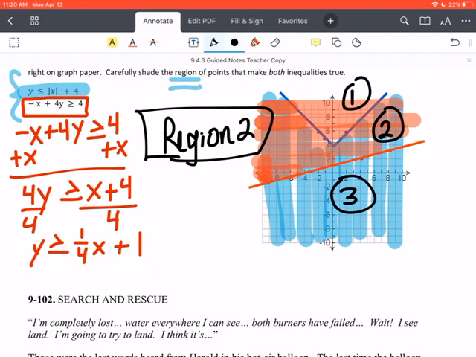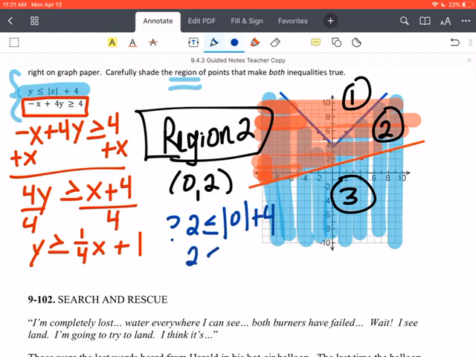And let's look at a test point really quick. You had to do that on your worksheet. Maybe we use 0, 2. Let's test the first function: is 2 less than or equal to the absolute value of 0 plus 4? Well, the absolute value of 0 is 0, so is 2 less than or equal to 4?